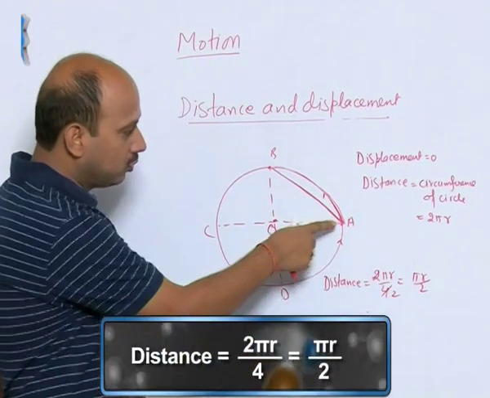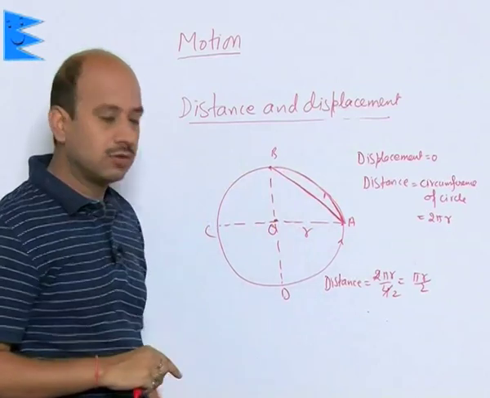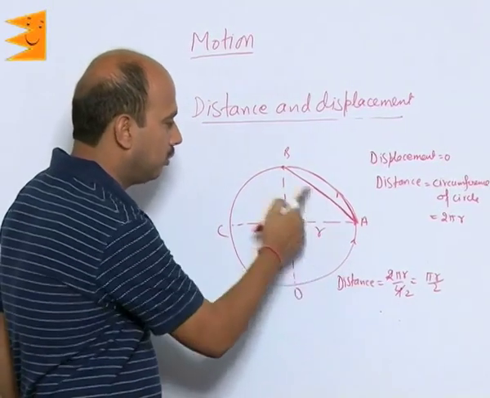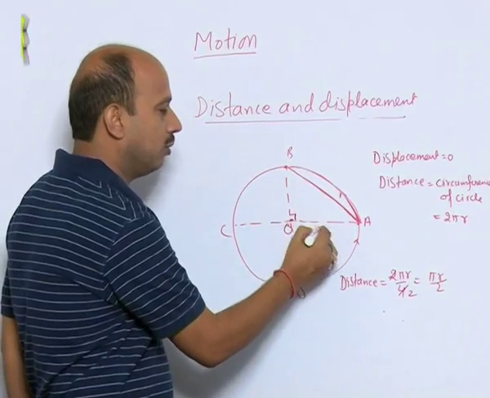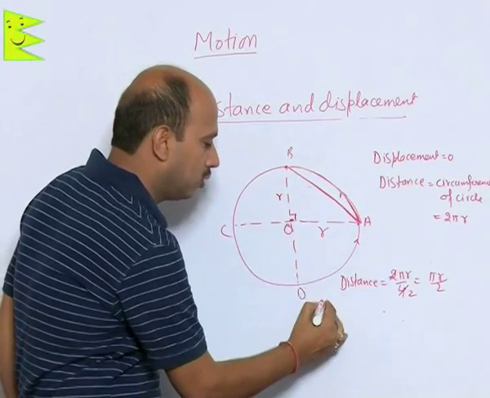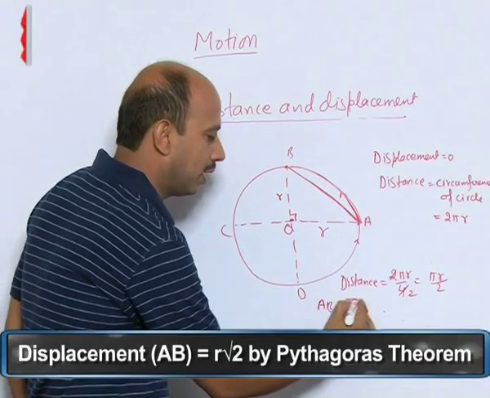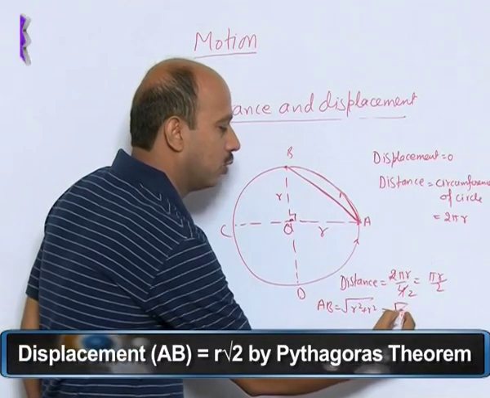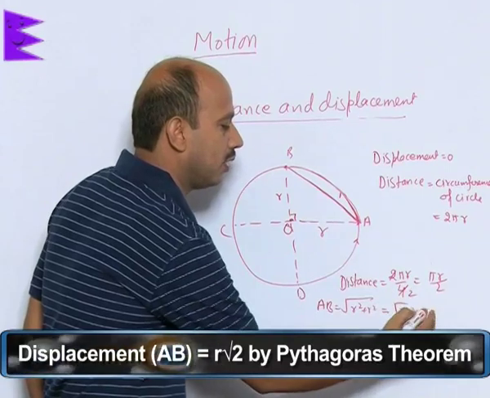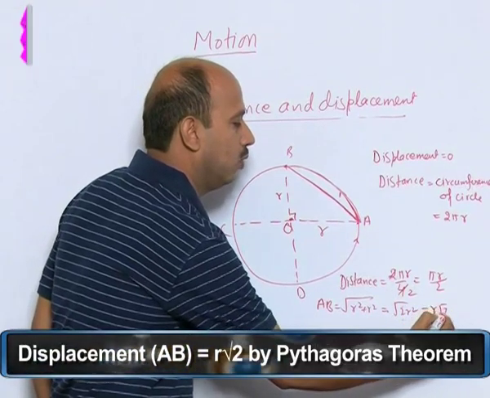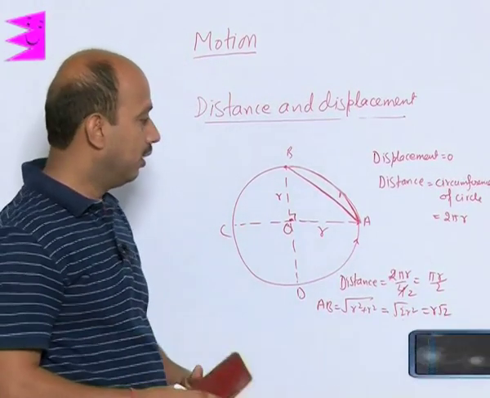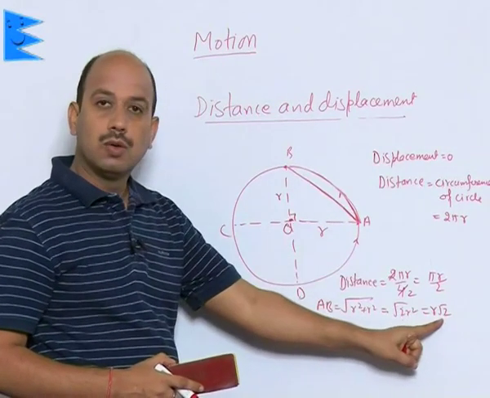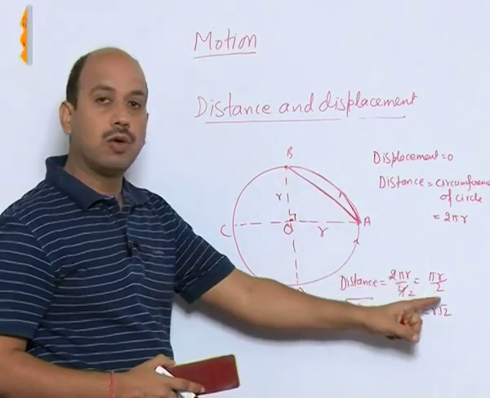So, when the object is going A to B, distance is pi r upon 2, but what is the displacement? Displacement we can write by Pythagoras theorem, this is r and this is r. So, AB is equal to r square plus r square, that is 2r square, which is r under root 2. So, here displacement is r under root 2, whereas distance is pi r upon 2.